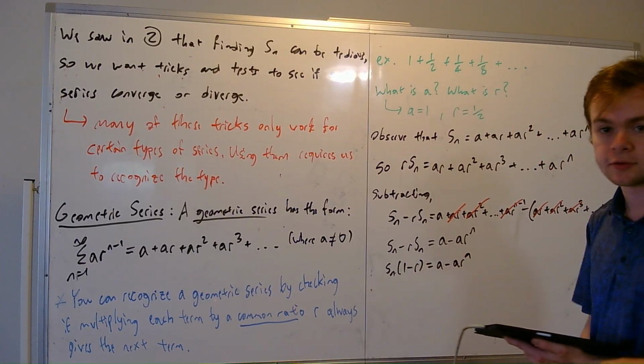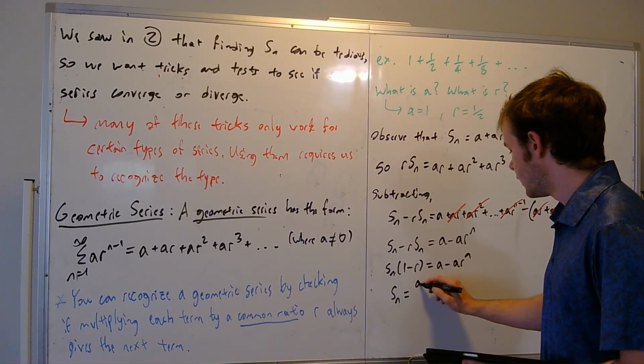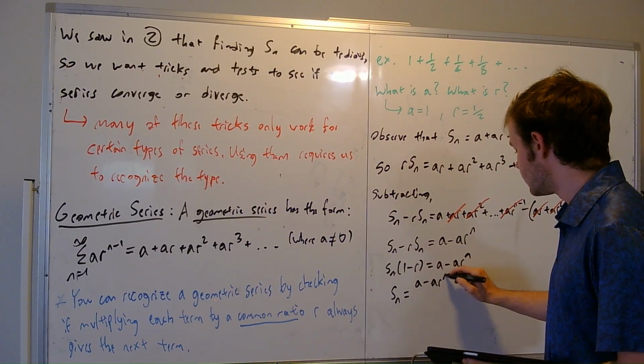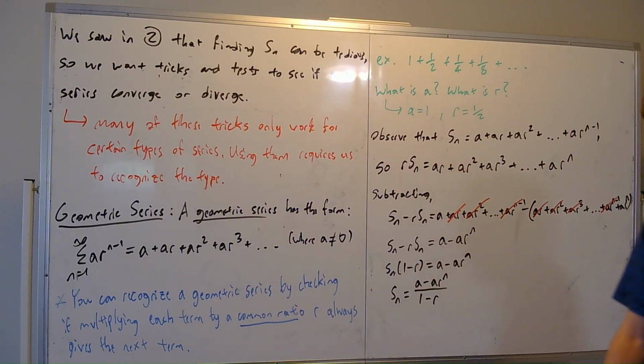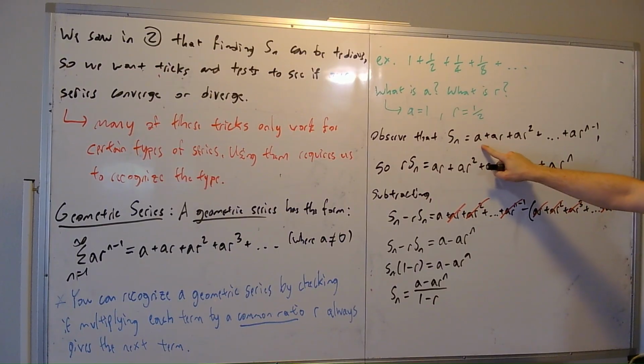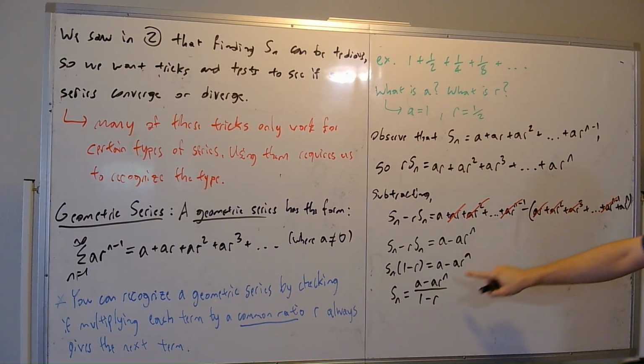Now we divide both sides by 1 minus r, so Sn equals a minus a r to the n over 1 minus r. So whenever we have a geometric series, we've solved exactly for what Sn has to be equal to.